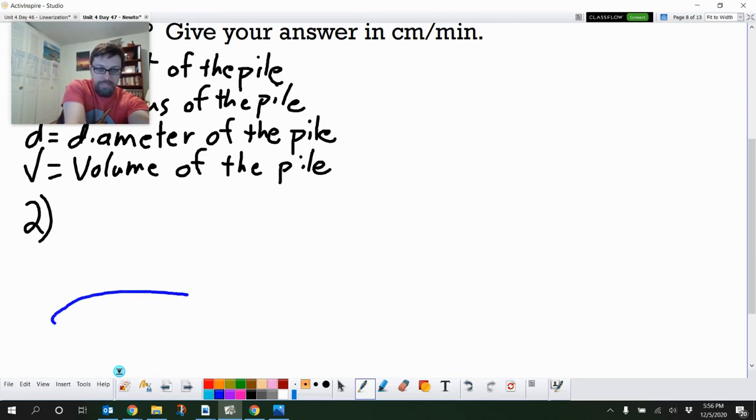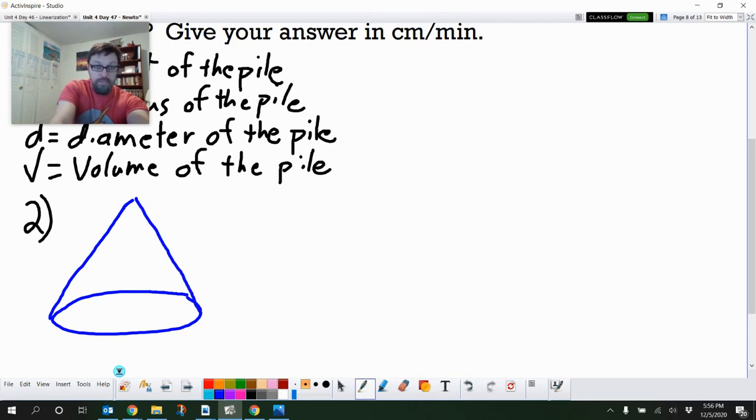So I've got this cone. There it is, very nice. It has a height. So here's our H, and it's got a radius R. It's got a diameter D, so that's going around the base of that thing. And it's also got a particular volume.